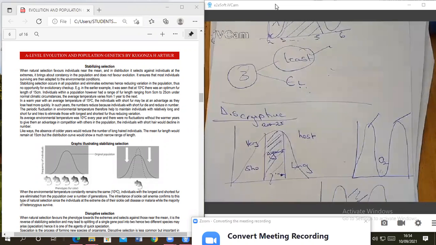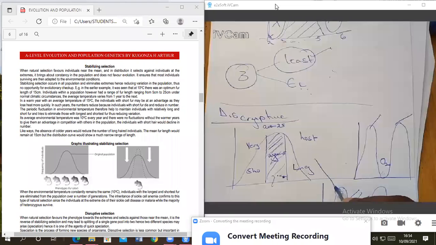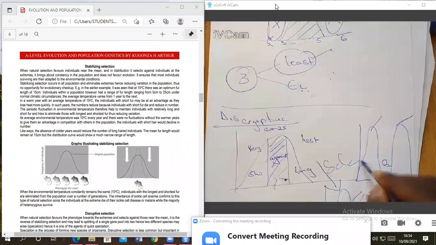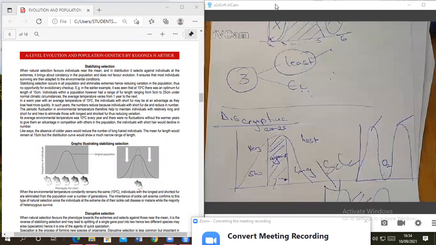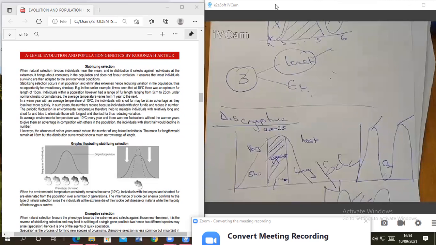Now, I'm going to ask a question. According to the graphs I have drawn after the selection has occurred, which type of variation does disruptive natural selection lead to? Continuous, discontinuous?